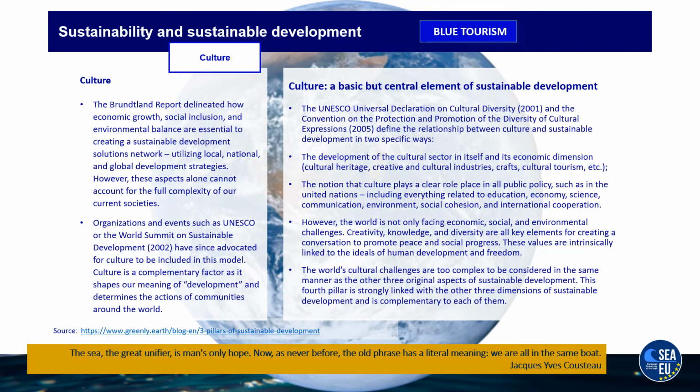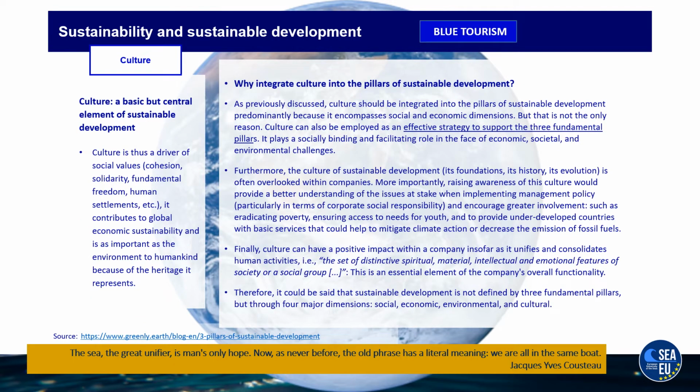Regarding culture, it is a complementary factor as it shapes our meaning of development and determines the actions of communities all around the world. It could be said that sustainable development is not defined by three fundamental pillars, but through four major dimensions, and those are social, economic, environmental, and culture.